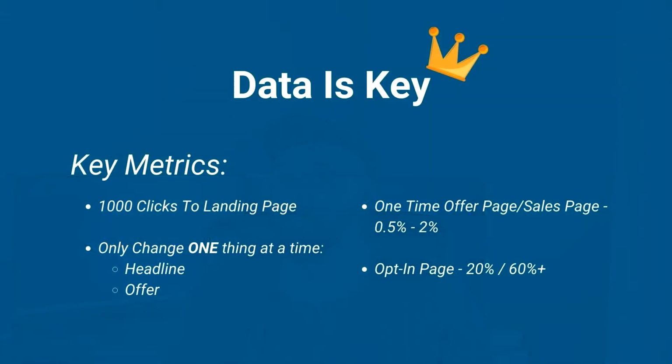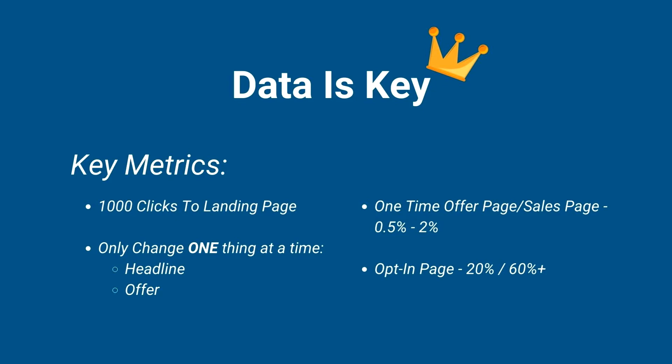As a general rule of thumb, I always wait for at least 1,000 clicks before making any decision or changes. And also here's the thing, when you make changes on your landing page, you only want to focus on making one change at a time. Otherwise, you just won't know what worked. Just imagine making multiple changes and something works. How do you know what works?